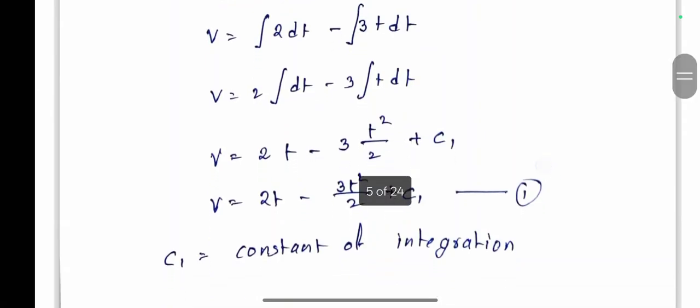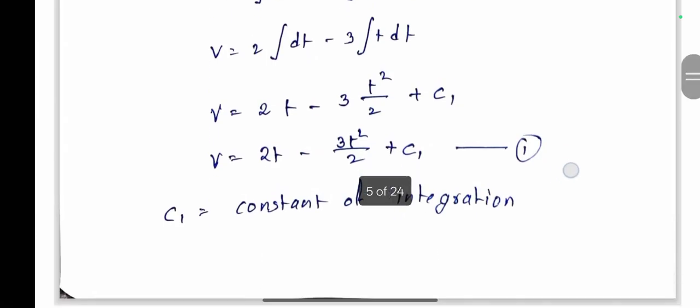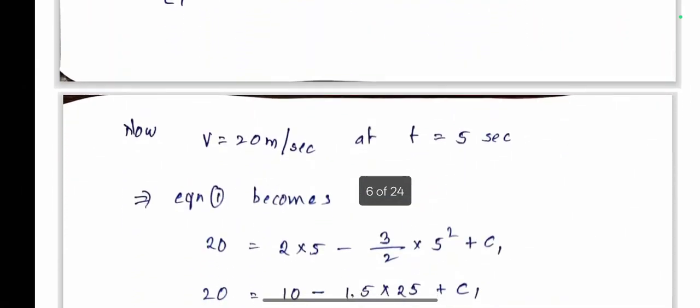Integral dt becomes t, and integral x power n is x power n plus 1 divided by n plus 1 plus c, so 3 into t square by 2 plus c1. So v is equal to 2t minus 3t square by 2 plus c1, which is a constant. For finding this constant, they have given the condition that at time t is equal to 5 seconds, the velocity is 20 meters per second.